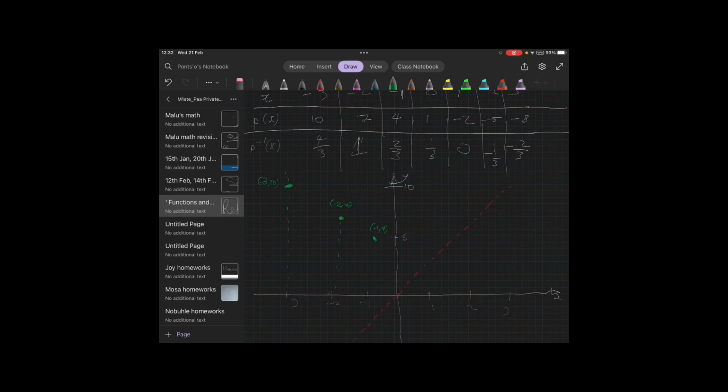At 0, we have y-intercept at 1, so it's a bit higher. This is probably supposed to go lower. Just make 7 a bit closer to 5 there, so that we can have 1 a little bit off there. 0, 1.